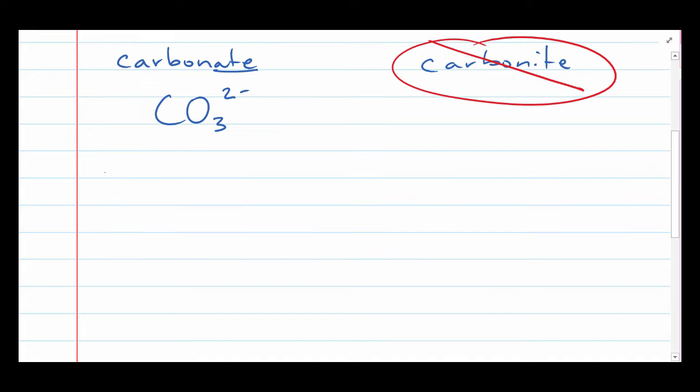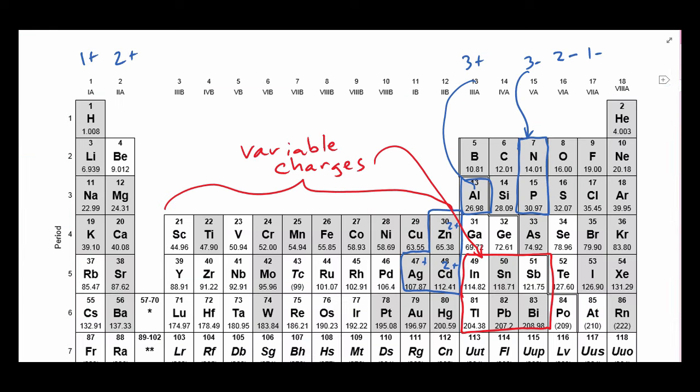All right, with that in mind, let's go on and write out some formulas. We want to write out a formula for potassium nitrate. Again, if you don't have them memorized, have your sheet out. Potassium, you should know based on its position in the periodic table, is going to be K with a charge of 1 plus.